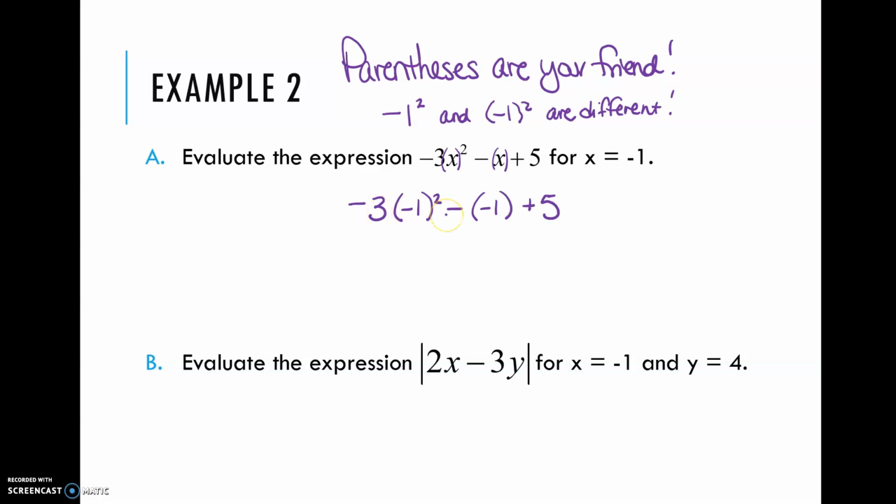Once you have this written with parentheses, plug it into your calculator, or if you want to do the math in your head, that's fine. So take a moment, plug it into your calculator. Did you get 3?